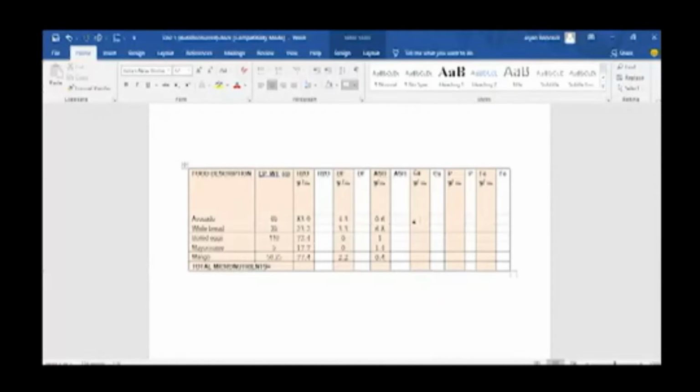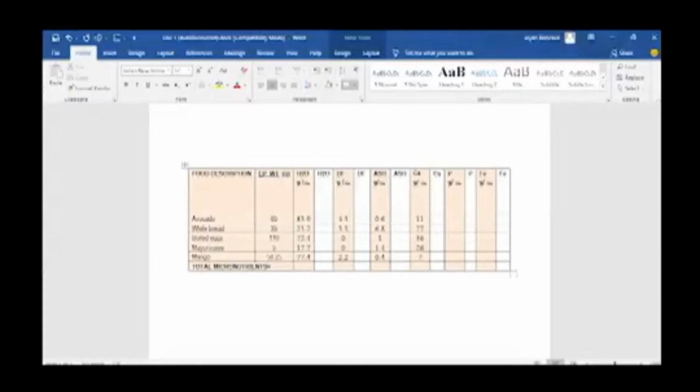For calcium, avocado has 11, white bread 77, eggs 36, mayonnaise 26, and mango 7.